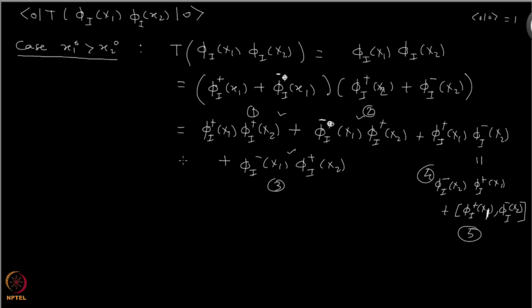So you get a number out of this when you sandwich between the vacuum. So what I do is I define, before I define something, let me write the result for the case x20 greater than x10. And look at again the same object.